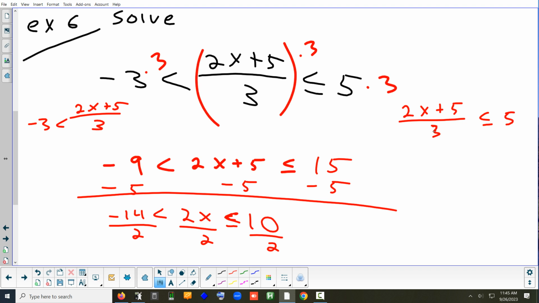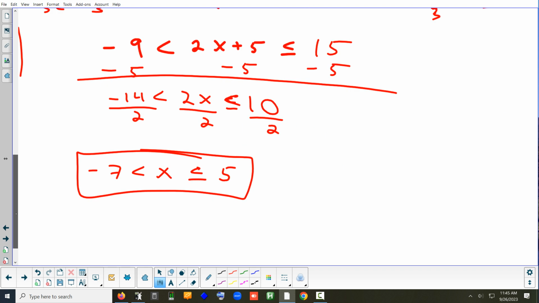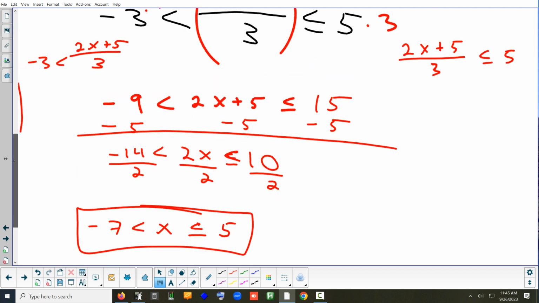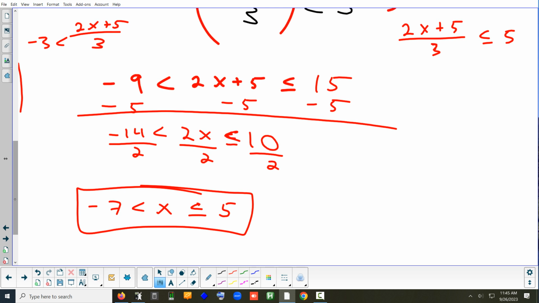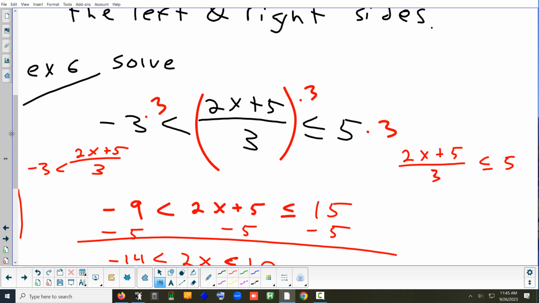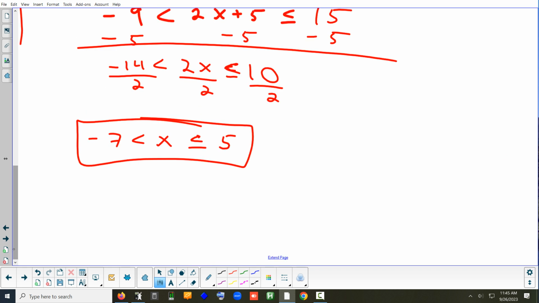If you did this problem that way, you'd get the same answer. On one side, you'd get x is greater than -7, and on the other side, x is less than or equal to 5. If I can keep it all together, that's how I do it. But that only works if there's just a single x in the middle. Question on that?